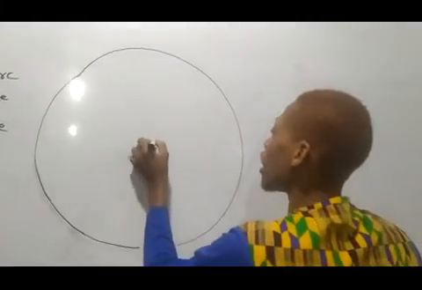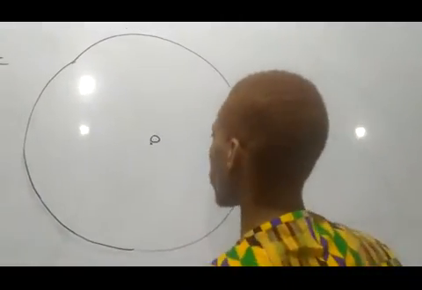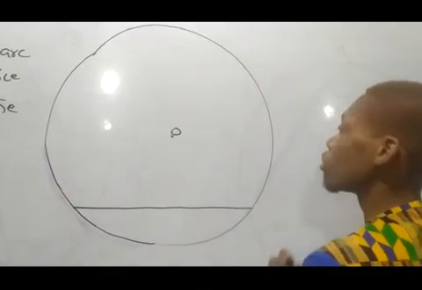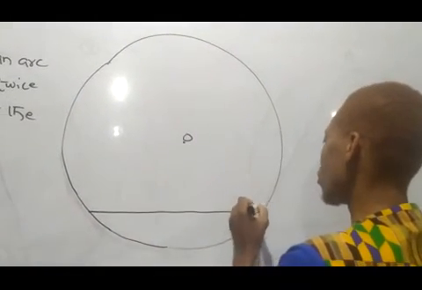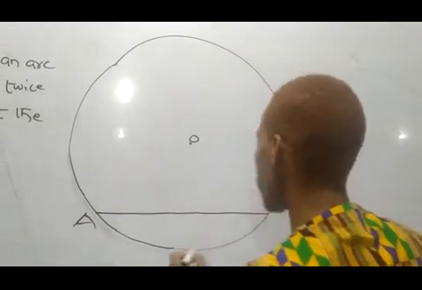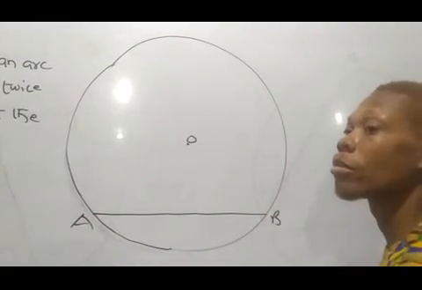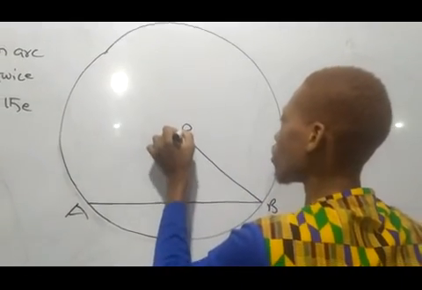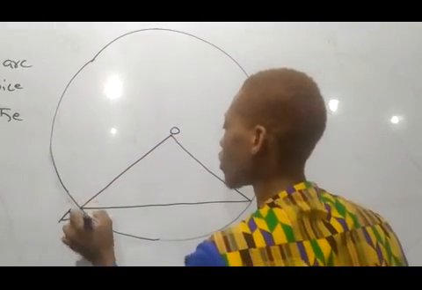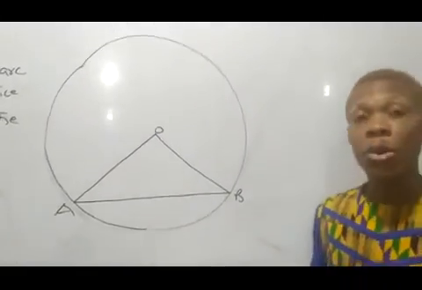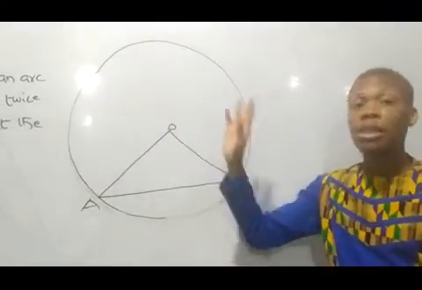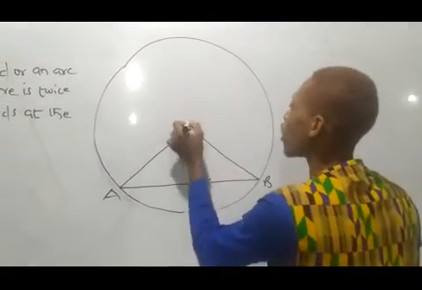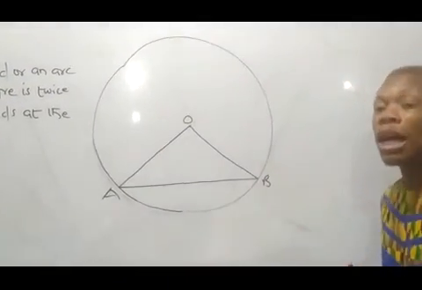Now, assuming this is the center, let me call the center O. Let me introduce a chord. Let me call this chord AB. Now, we all agree AB is subtending O because I've already explained this. How do I know the chord AB is subtending the angle O?